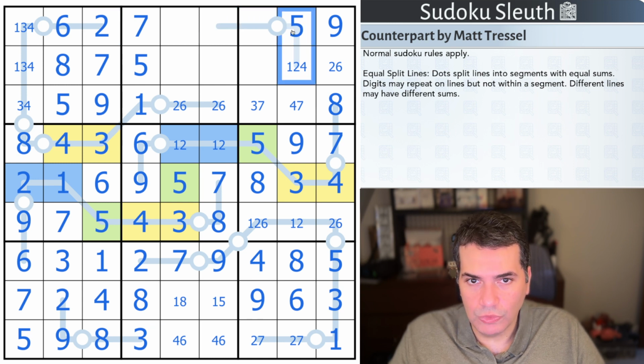And 5, 1 won't work because I would have used both of them in here. So I can't have 3 cells from 5, 1. To get to 7 with 5, 2, that looks more achievable. I could do 4, 3, I think.